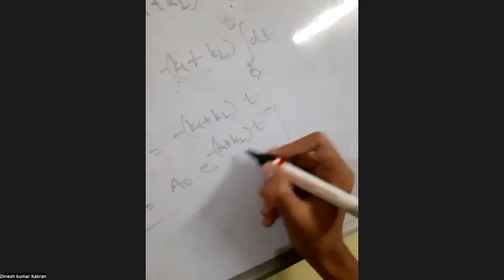When we take K1 plus K2 common, A is there, and on the basis of integration, A0 goes to A and 0 to t, it will form A is equal to A0 e to the power minus (K1 plus K2)t. This is the derivation of parallel reaction.